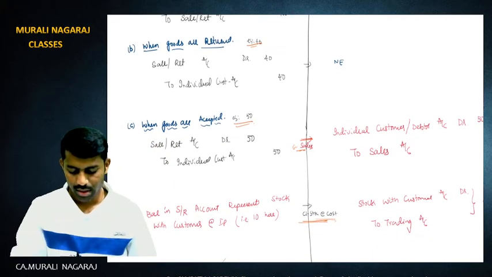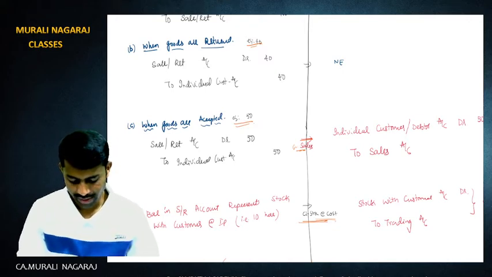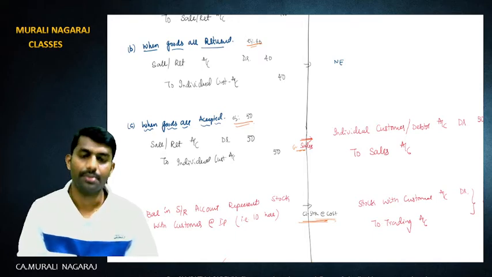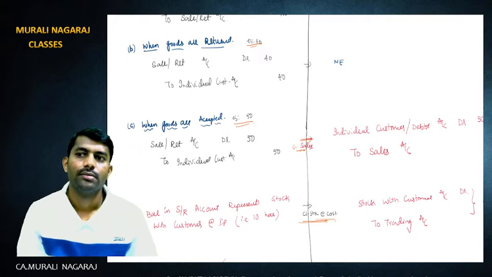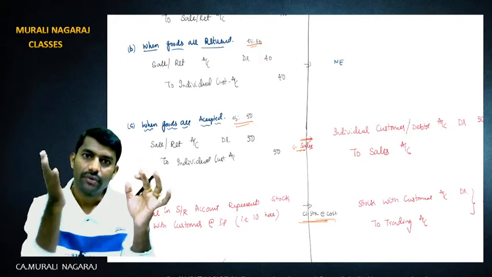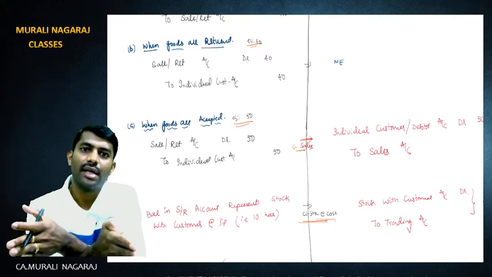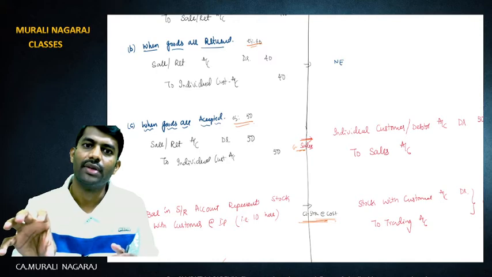Next, entry C: when goods are accepted, for example 50 rupees. In the memorandum books, first I have to cancel that transaction from sale or return, because only goods under approval should carry a balance.